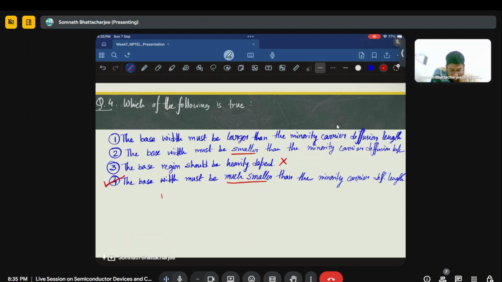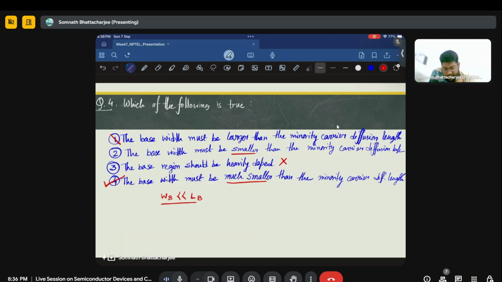So we know the formula is this, right? WB should be much less than LB. So it's the perfectly correct answer. But why? We know that the diffusion length is the average distance traveled by the minority carriers before recombination. So why do we need this to be much smaller? Why not just smaller?